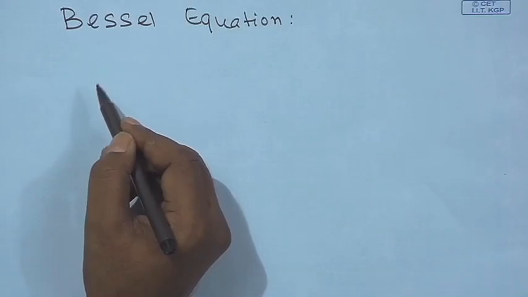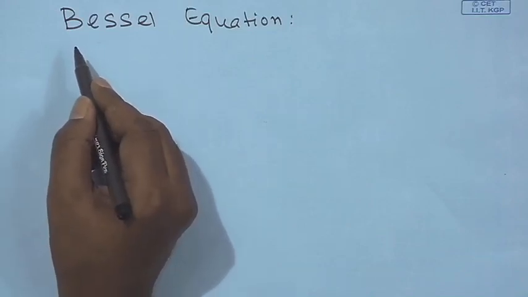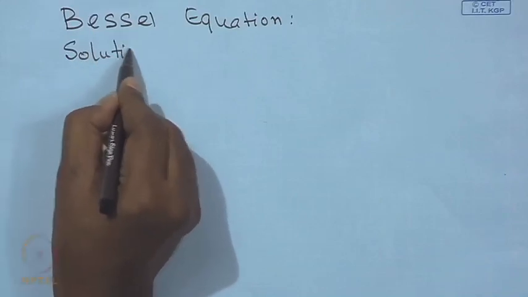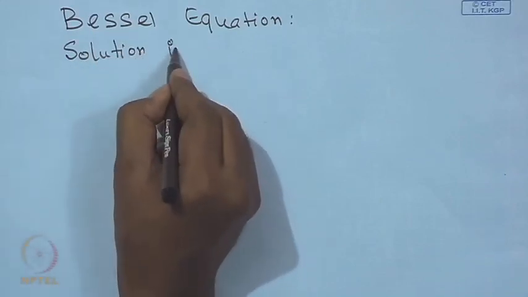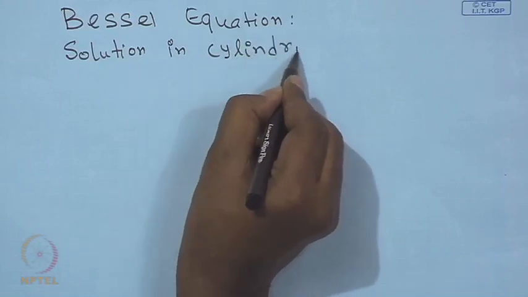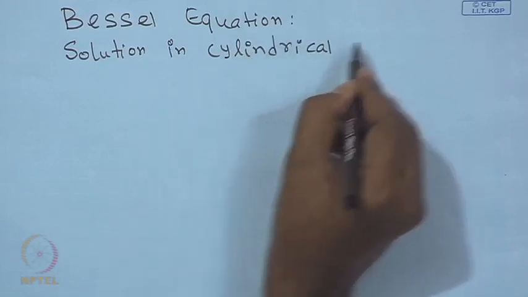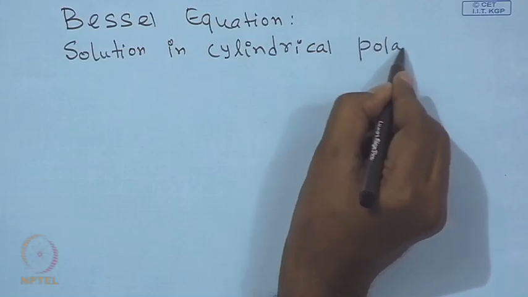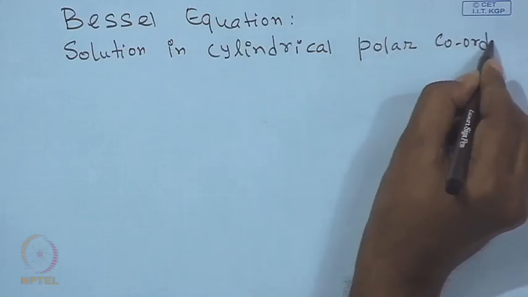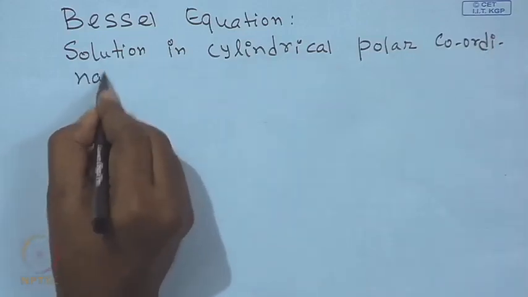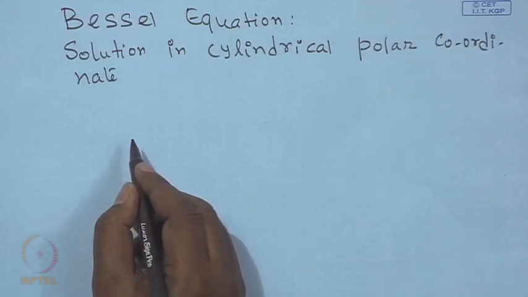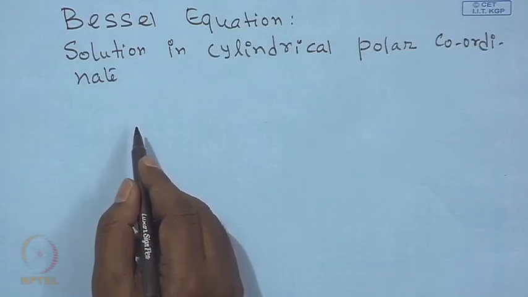And this equation is common whenever we are talking about the solution in cylindrical polar coordinates. Whenever we are working in the cylindrical polar coordinate system, we land up with the Bessel equation.